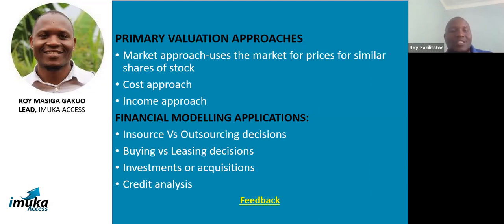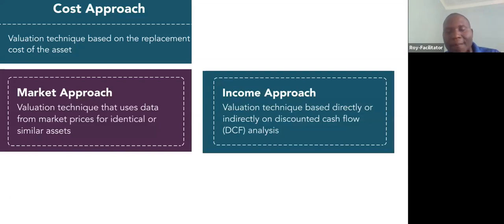Okay, so the cost approach cannot apply to that. But as you can see, the cost approach simply allows you to look at the asset. Okay, all right. If there's any question on the cost approach, I'm happy to answer.